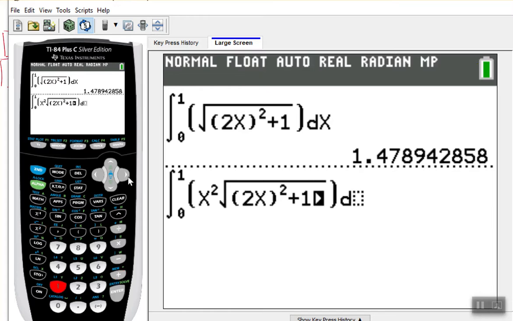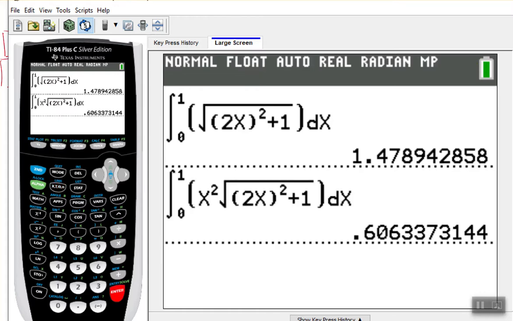Do we have everything? I think so. And dx. Enter. So the integral of x tilde times dl is 0.66.